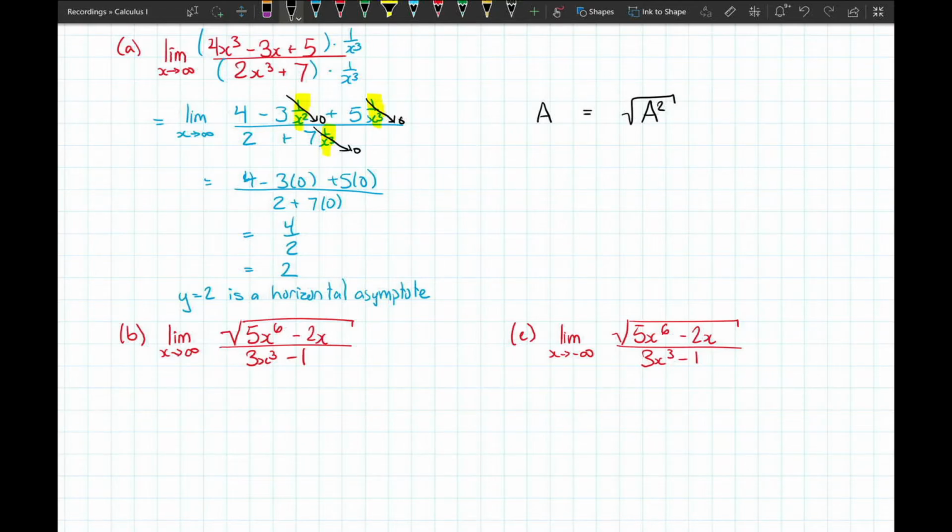So this is a valid substitution if a is greater than or even equal to 0. But if a is negative, then the left-hand side of this equation is a negative expression, and the right-hand side is a positive expression, and they can't be equal to each other. So whenever a is a negative expression, to write that equivalently in a root would be using a negative sign in front of a squared square rooted. That's going to be our substitution that we can make if a is negative.